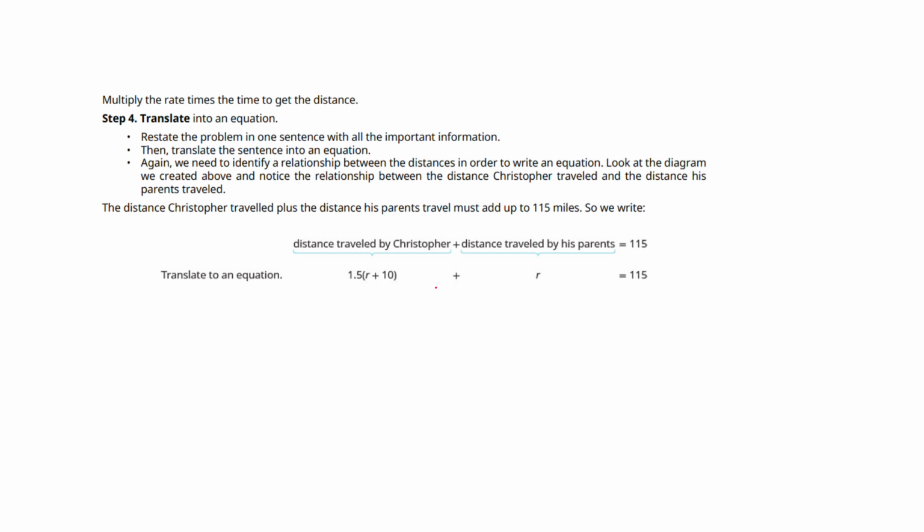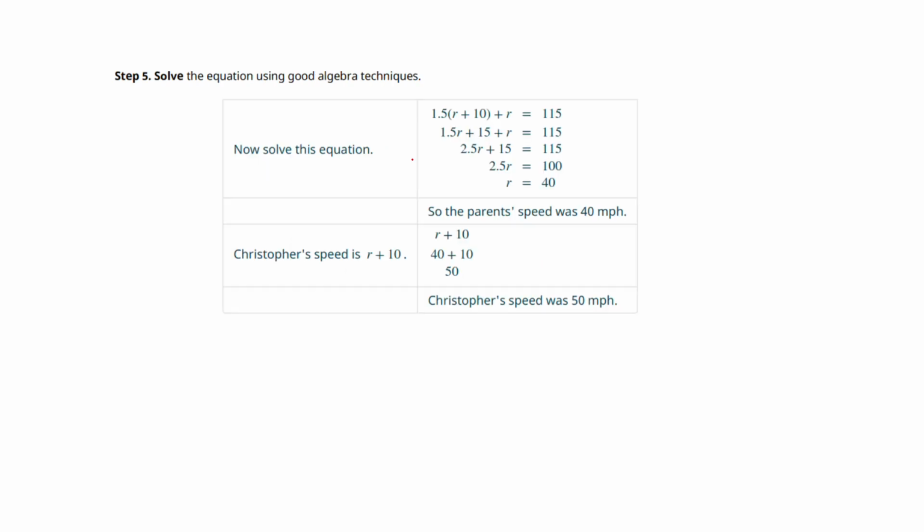Now they've changed it to r, but the same thing. And that it was 115 miles is how much they must have covered if they're going to meet each other. So we're just going to solve that now, just the same stuff we've been doing. R is 40. Now, we know Christopher was 10 miles an hour faster, so we get 50.